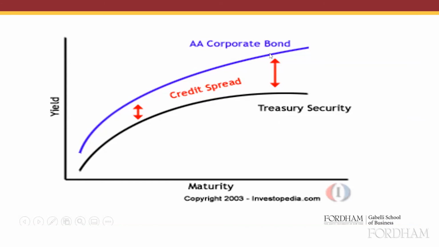But if the double A or the single A or double B interest rate were to move up, because investors are more fearful, the spread widens, right? This means that investors are now demanding a higher interest rate. It also means that it now costs the borrowers more money when they borrow, even when the Fed has cut rates, even when the Treasury yield has come down.